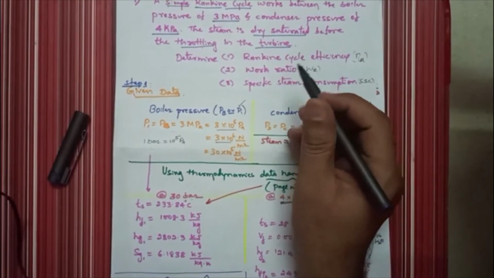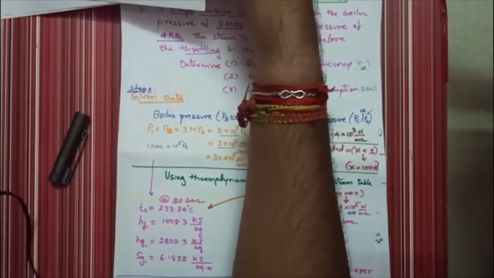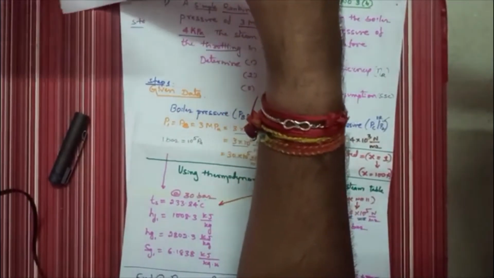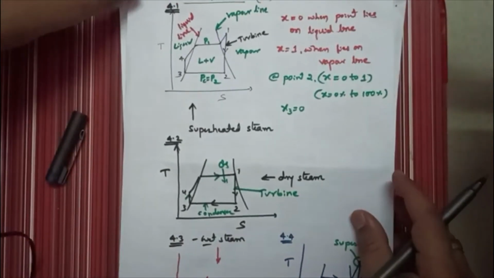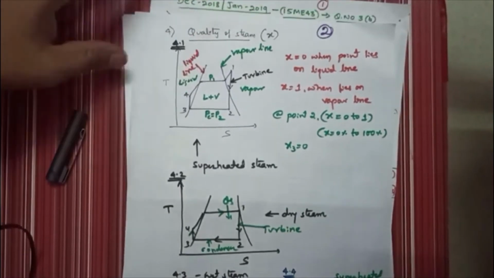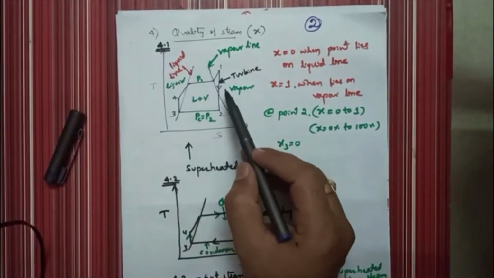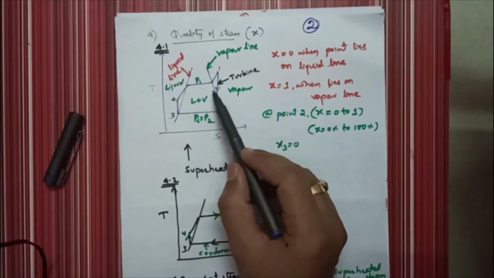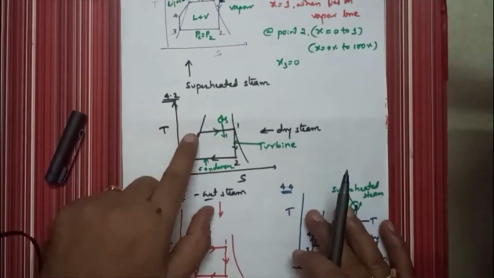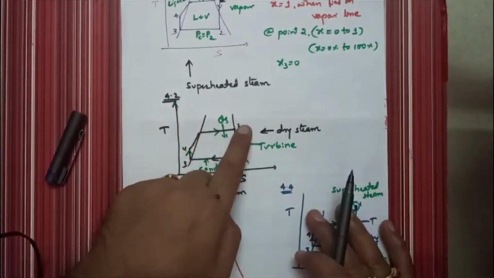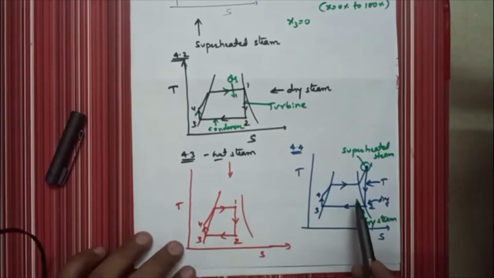Quality of steam at inlet to the turbine, quality of steam at outlet of the turbine. See, these are the conditions. Just before we discussed this point, 4.1, this is one condition of steam entering the turbine. This is another condition of steam entering the turbine. This is the third condition, this is the fourth one.